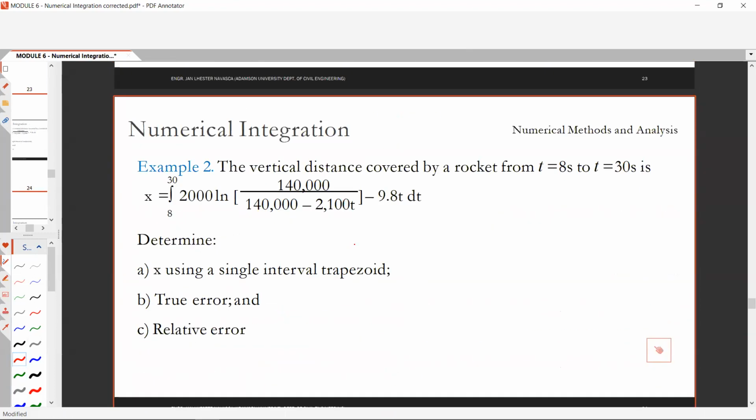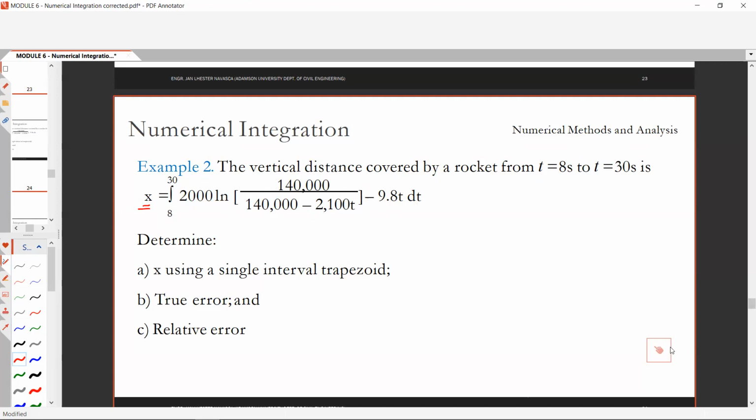Now for example 2, the vertical distance covered by the rocket is given by this equation, which is 2,000 ln of 140,000 over (140,000 minus 2,100t), minus 9.8t dt. Okay. So the question is the vertical distance or yung x or yung area under the curve from 8 to 30.